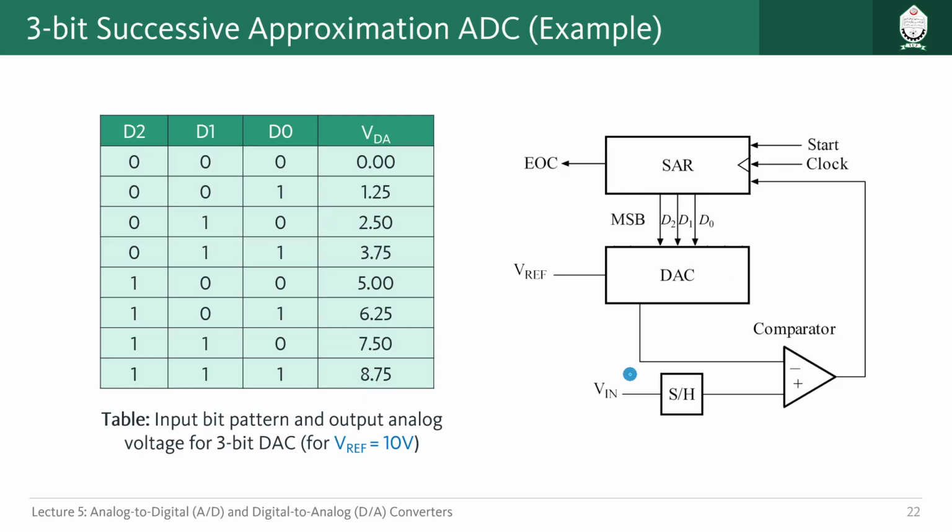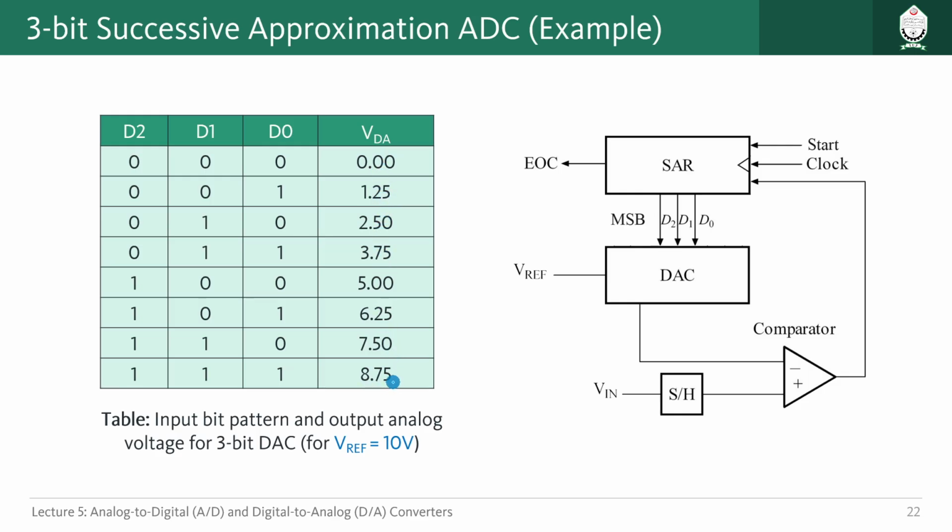Let's say the reference voltage we are providing here is 10 volt. If the reference voltage is 10 volt, then the corresponding analog outputs will be like this. You see each of the states has a 1.25 volt increment, so 0, then 1.25, up to 8.75 volt.